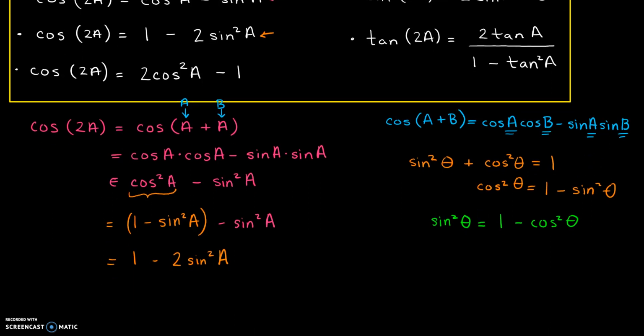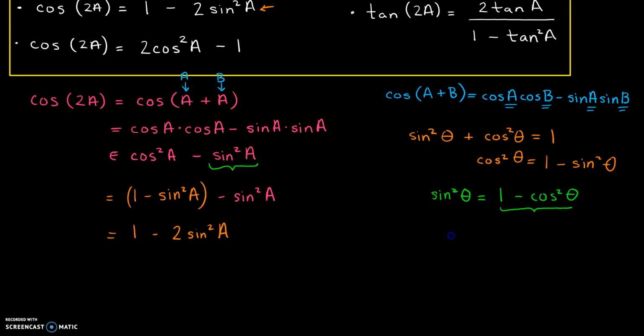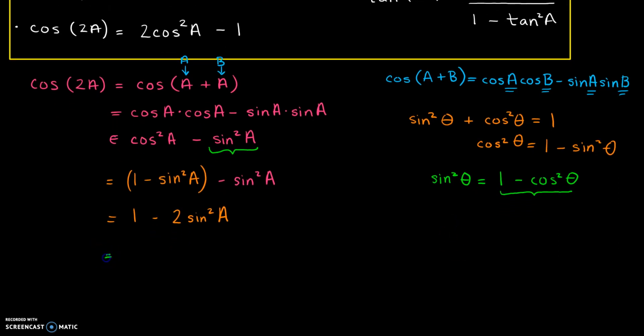So if I come back up to this identity, let me erase this really quick, and replace sine squared with 1 minus cosine squared and see what happens. We would have cosine squared of a minus, and then here we would have 1 minus cosine squared of a.